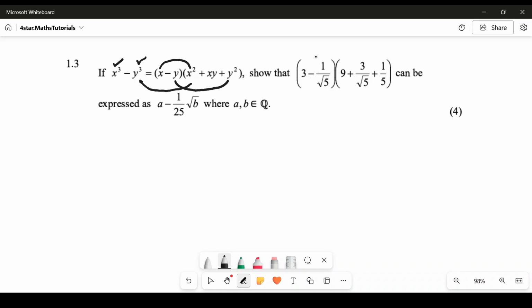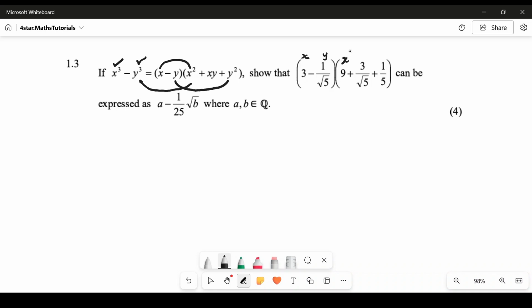If you check here, we have the right hand side of this equation. This is our x, then this is our y. Then this is our x squared: if we square 3, we get 9.